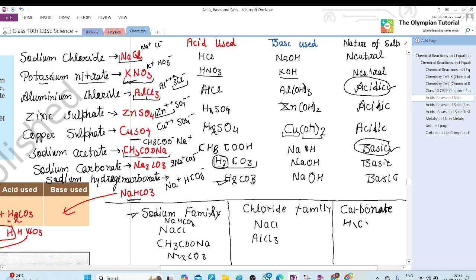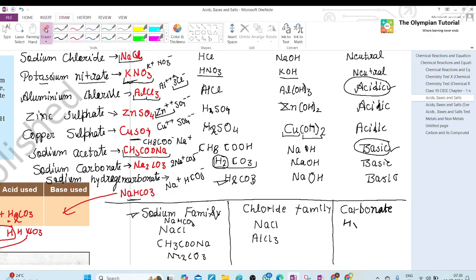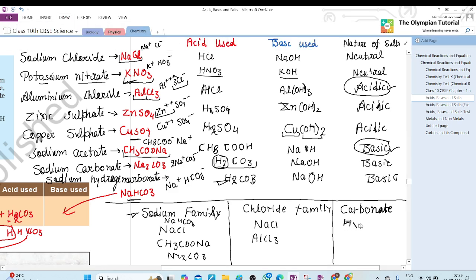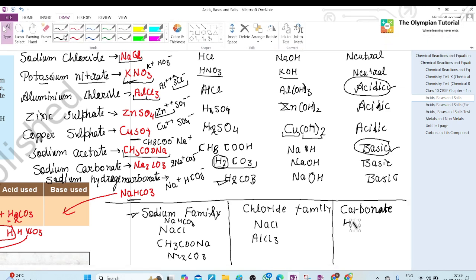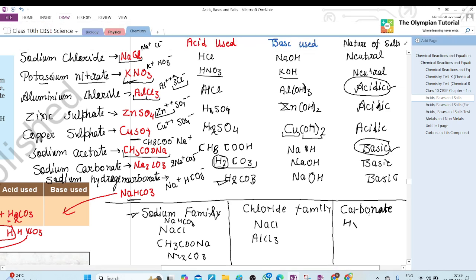No, no, no, it's an acid. We are discussing the salt. NaHCO3. Carbonate. Yeah, Na2CO3.